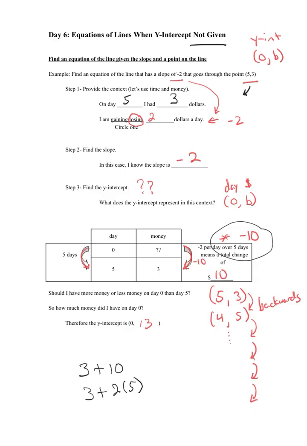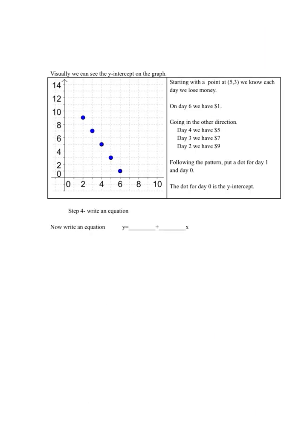Now, visually, if that's a little bit confusing on the math, let's go to the next slide here, because visually we can kind of map that out now. So remember on day 5, so that's day 5, we had $3. That's that point. All right? We know that each day we're going down $2, so -2 over 1. Or in other words, you remember that graph where it's like, oh, down and to the right?